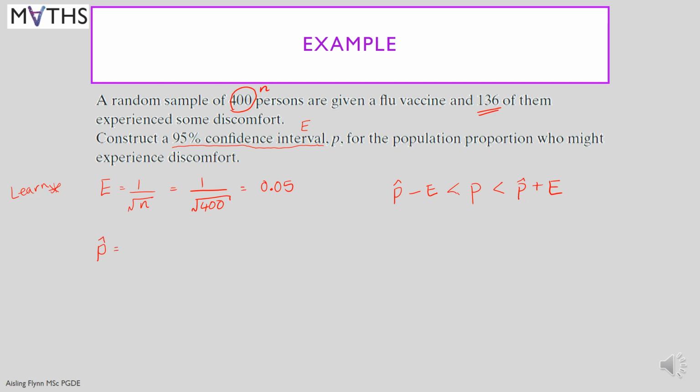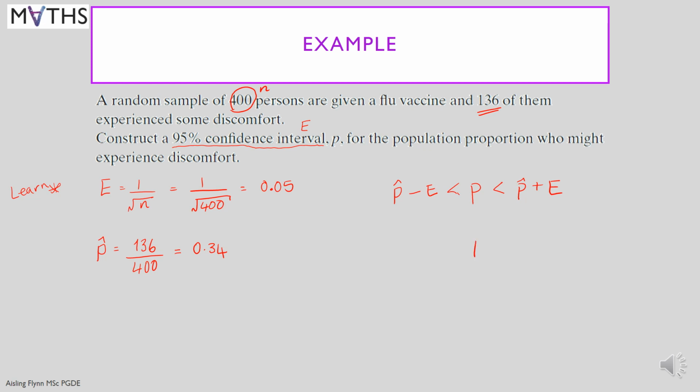Reading again, a random sample of 400 persons are given a flu vaccine and 136 of them experience some discomfort. So that's how we're going to use the 136. 136 of them out of the full 400 experience discomfort. On your calculator, divide 136 by 400 and you get 0.34 or 34%. And that's our P hat.